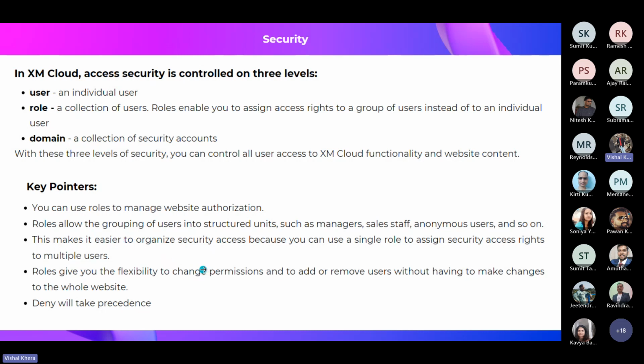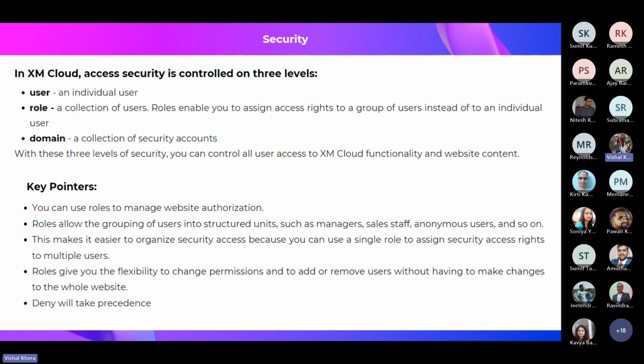There is one more thing: you will get questions like, if one role has been assigned and another role is also assigned to the user, the items which were visible earlier may now not be visible. Sometimes access rights are given on one role, but there's a deny access on another role.